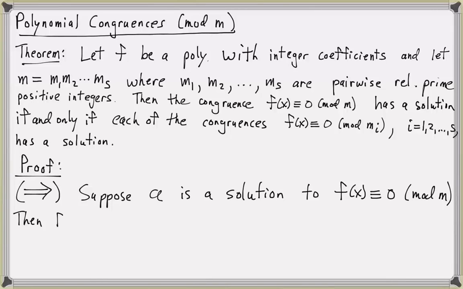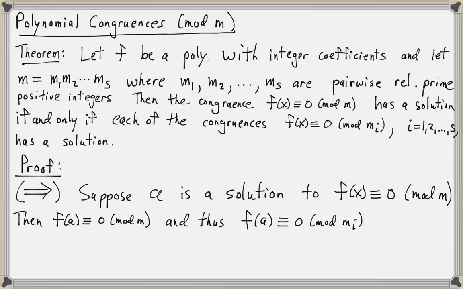Then we know that f of a is congruent to 0 mod m. So if m divides f of a, then each of the little mi will also divide f of a, and thus f of a will also have to be 0 mod mi for each i.